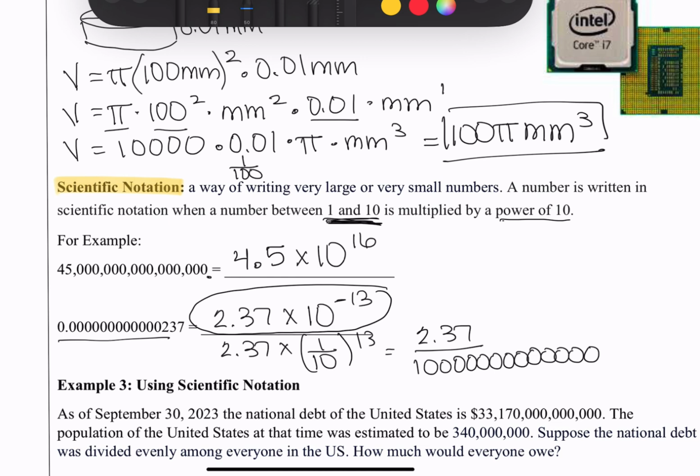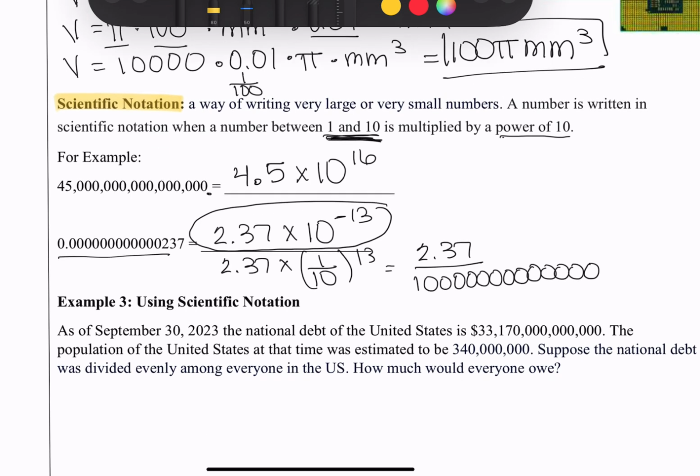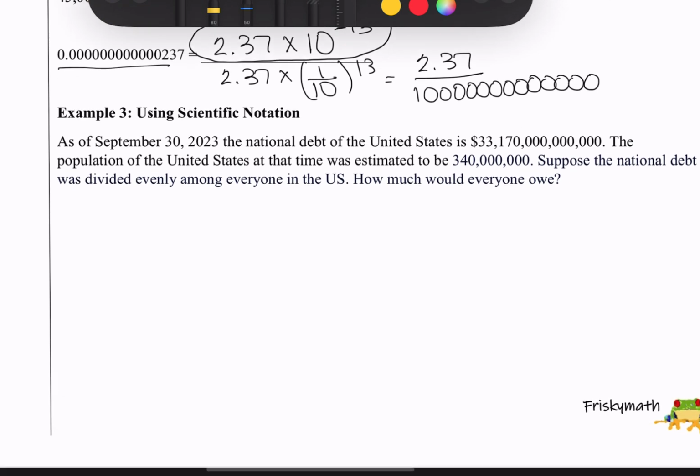So we can use scientific notation to make our lives easy, along with our properties of exponents. Here's a couple of examples. Example 3. As of September 30th, 2023, the national debt of the United States, hundreds, thousands, millions, billions, trillions, is about $33 trillion.